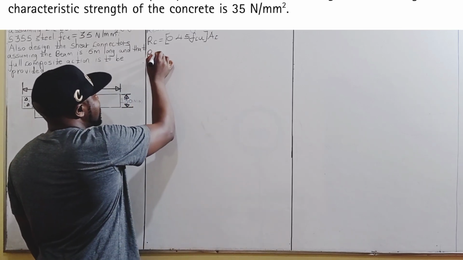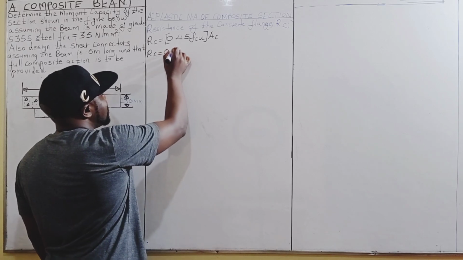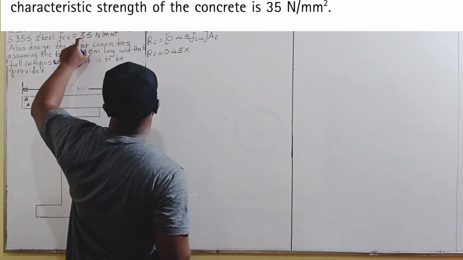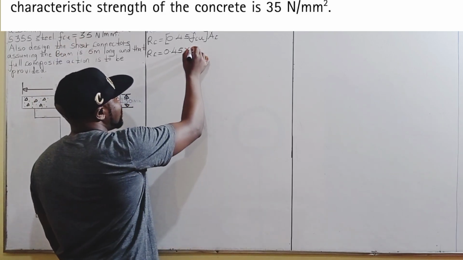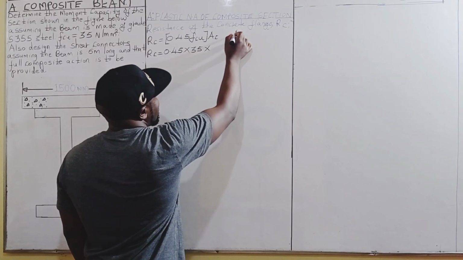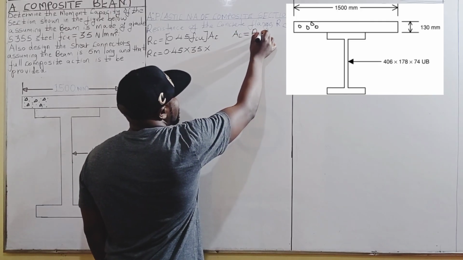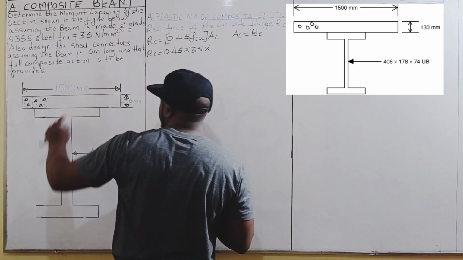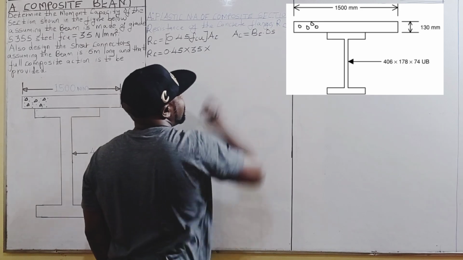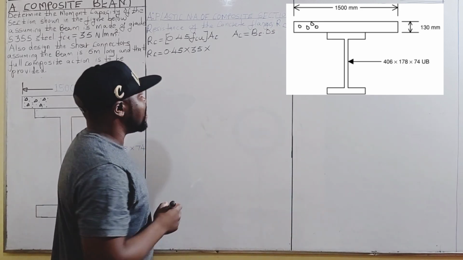Therefore, the resistance of the concrete flange will be given by 0.45 times the characteristic strength of concrete, that is 35 newtons per square millimeters, multiplied by the cross-sectional area of the concrete flange, which is given by the effective breadth of the concrete flange, that is 1500 millimeters, times the depth of the concrete flange, which is 130 millimeters.